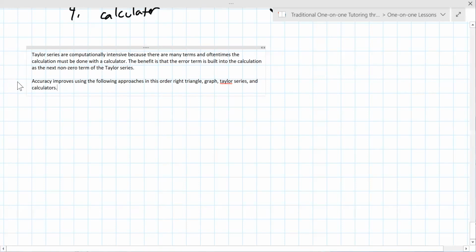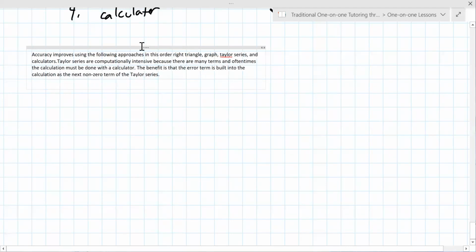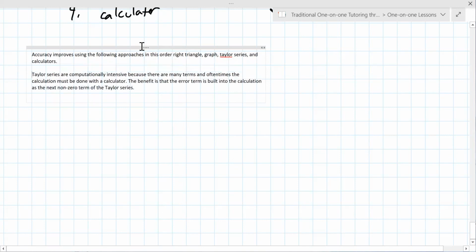Maybe that could be our first sentence here. And then we could say, the calculator is the easiest method. This is where you might want to throw in a link.